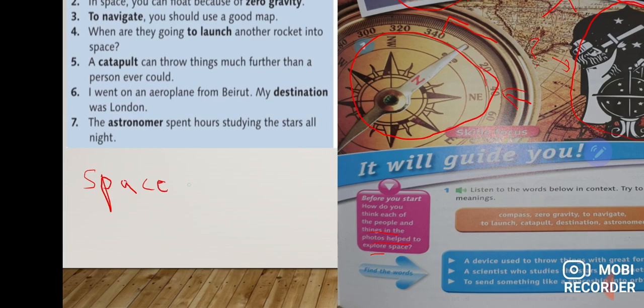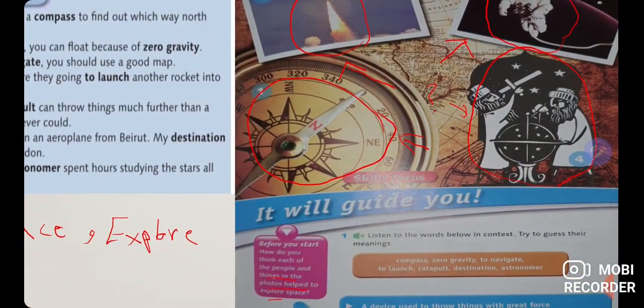Use a dictionary in order to translate it. And translate the word explore. Have you translated it? Okay.